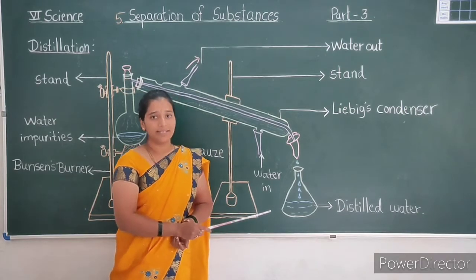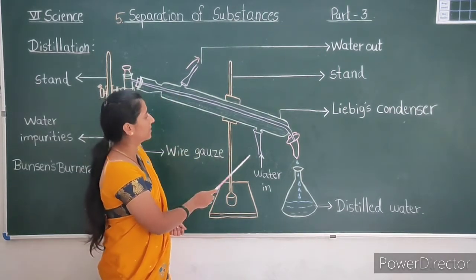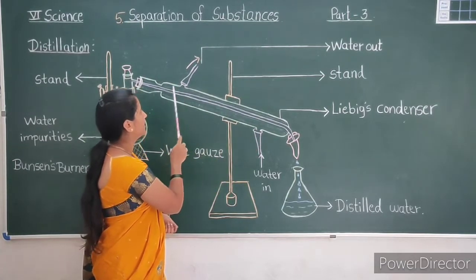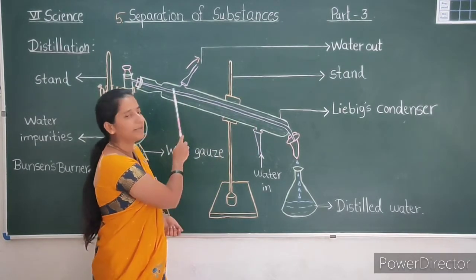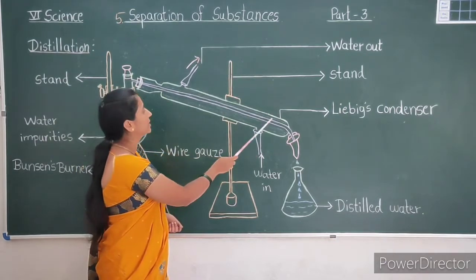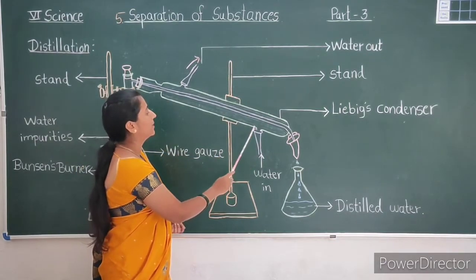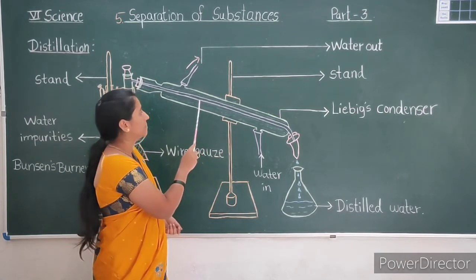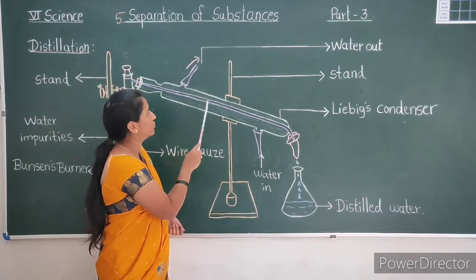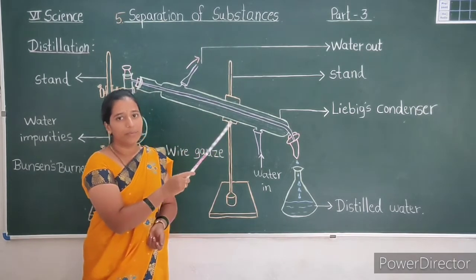Next, the condenser. So this is a condenser. The condenser is a cylindrical shape. Water moves in the condenser, so it cools the water vapors in this tube. In this tube there is water vapor.